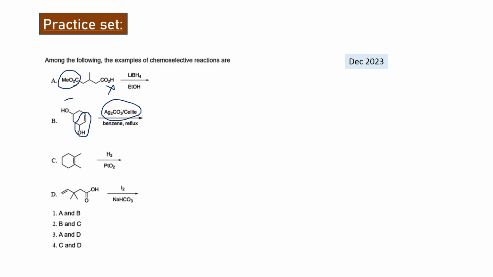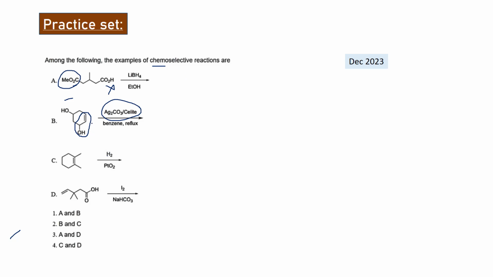If you have the same functional group at two reacting centers and it is reacting specifically with one side, that is called regioselective. And chemoselective is two functional groups and it is reacting with one of the functional groups. Functional group selectivity is called chemoselective.